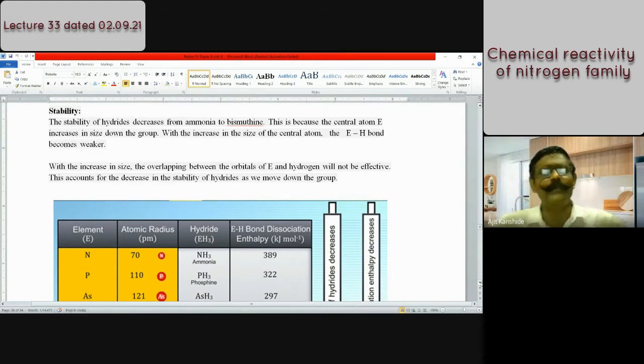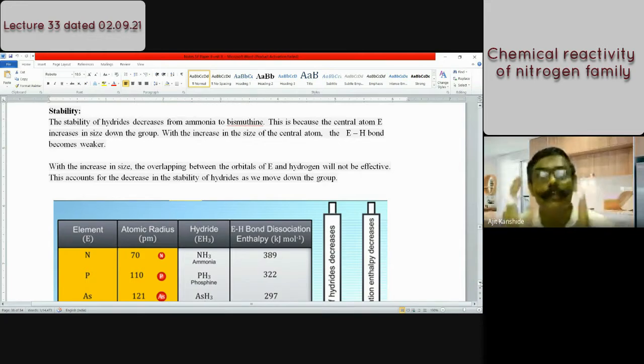Because of the bulkiness, the largeness of the atom, the distance between the nucleus of that element, say bismuth, and hydrogen will increase. Nitrogen is smaller, and hydrogen is also small, so the distance between nitrogen and hydrogen is small in NH3. But if I go down, the distance and separation will increase.